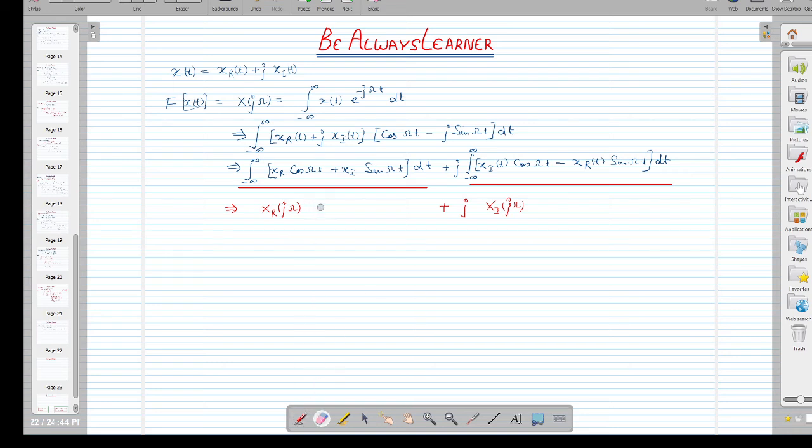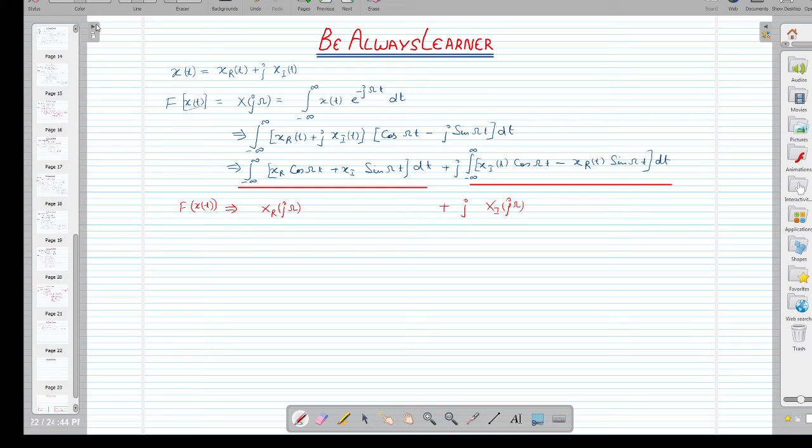So we can represent it like this, and that is equal to the Fourier transform of x. Fine. So that is what the equation is. Now we can have the value of x_r is this one and value of x_i is this one.